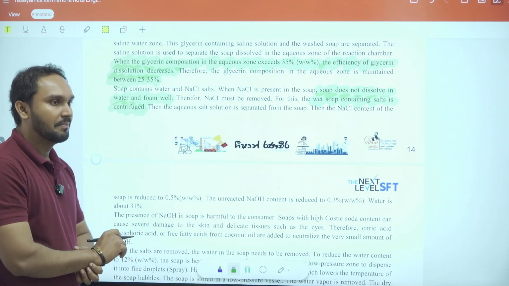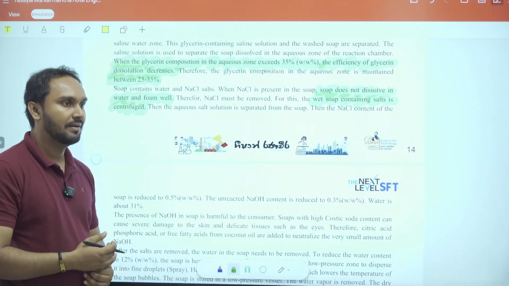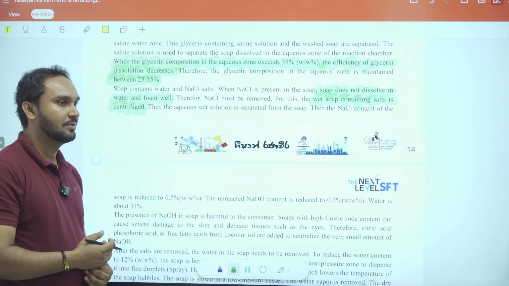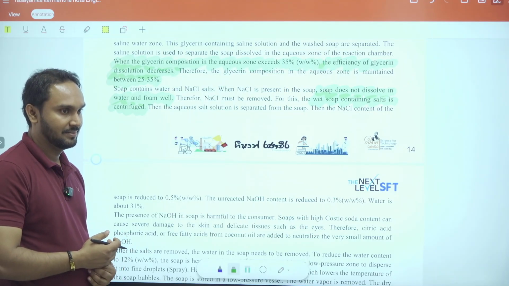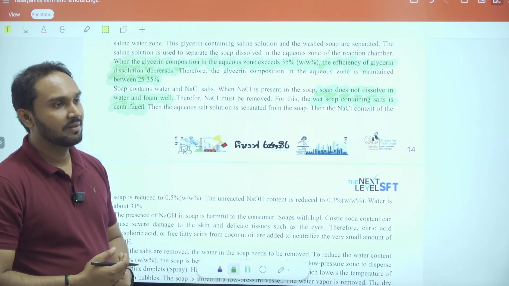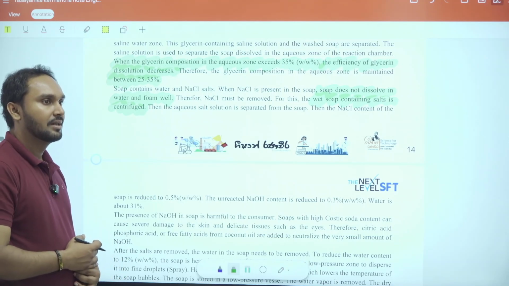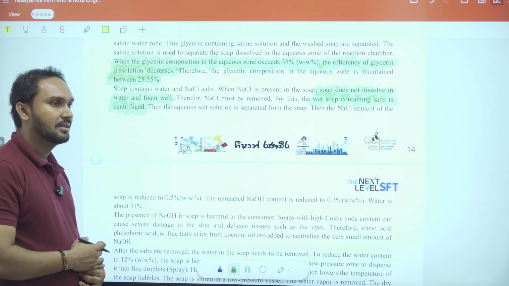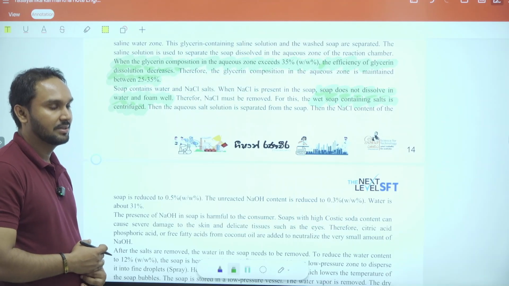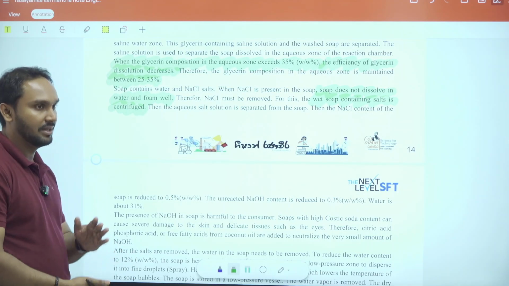So if you are applying a soap on your body, it should have a lesser foaming effect because it's safe for your body and skin. But if you are using it to wash clothes, the greater the foaming index, the better the soap, because the more the soap foams, the more cleaning power there is.